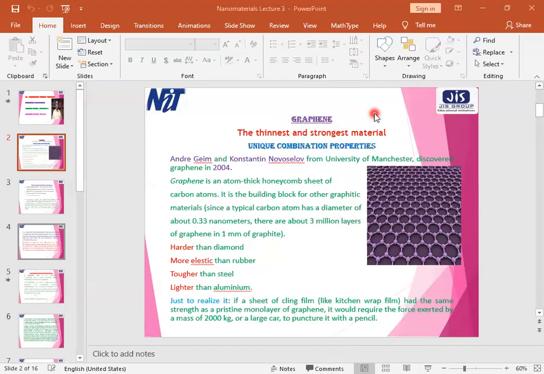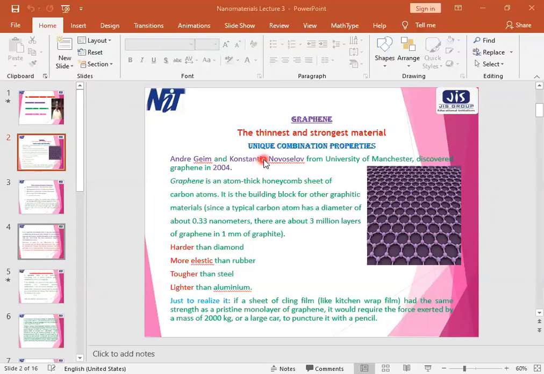Up to 1991, we knew about only three major allotropes of carbon: carbon itself, diamond, and graphite. But in 2004, Andre Geim and Konstantin Novoselov from the University of Manchester discovered graphene.